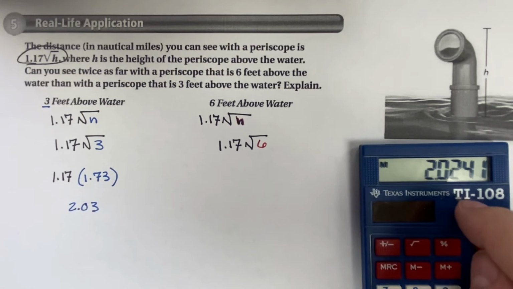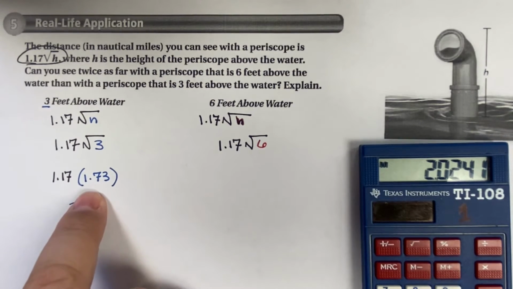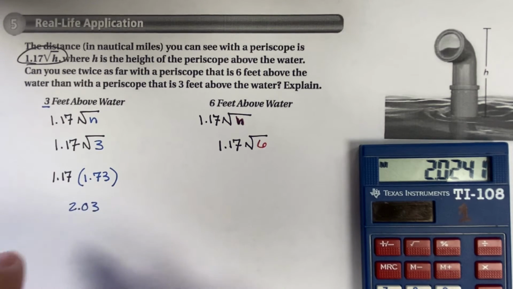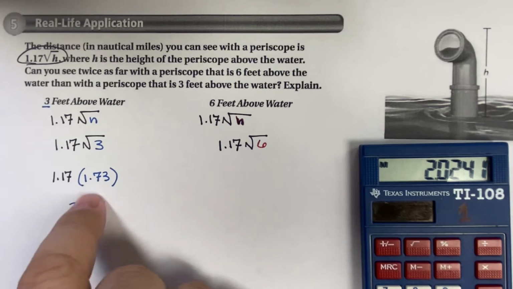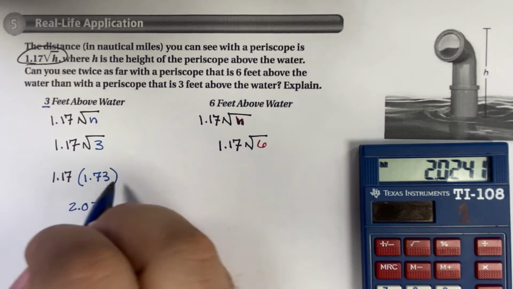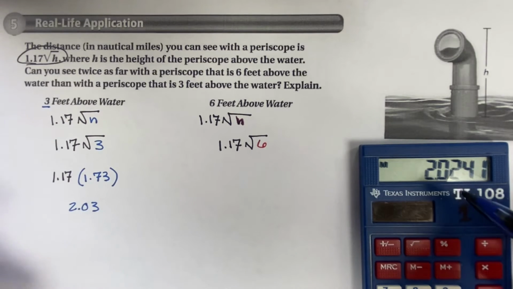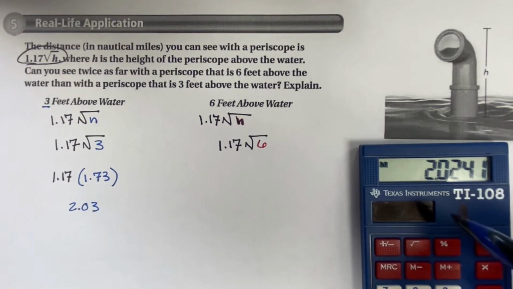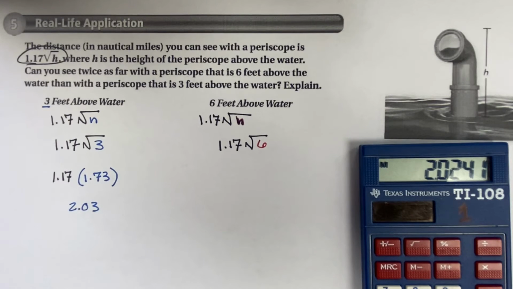If I rounded and did this multiplication, which is what we normally would want to do, I would have written as my final answer 2.02, which is not 2.03. Now, it's close enough, it's not really going to change anything.